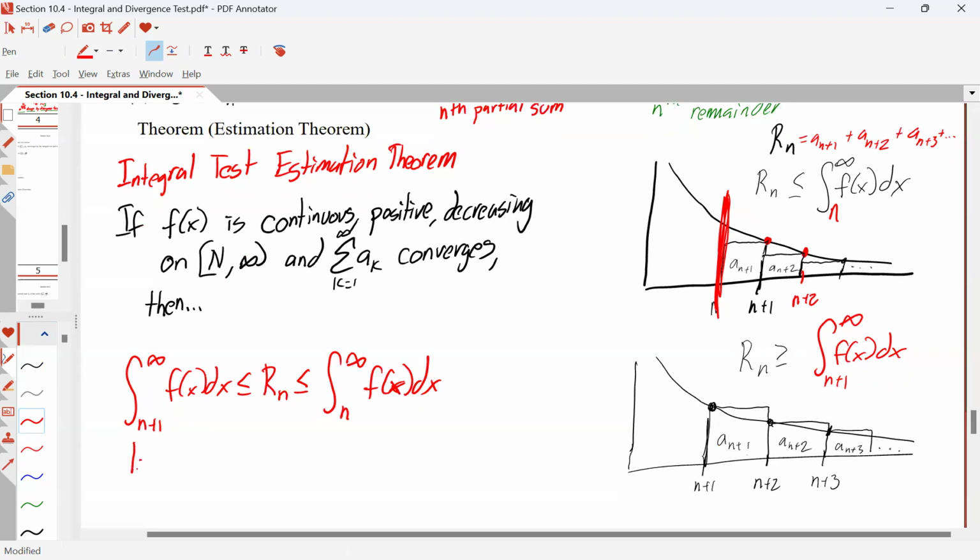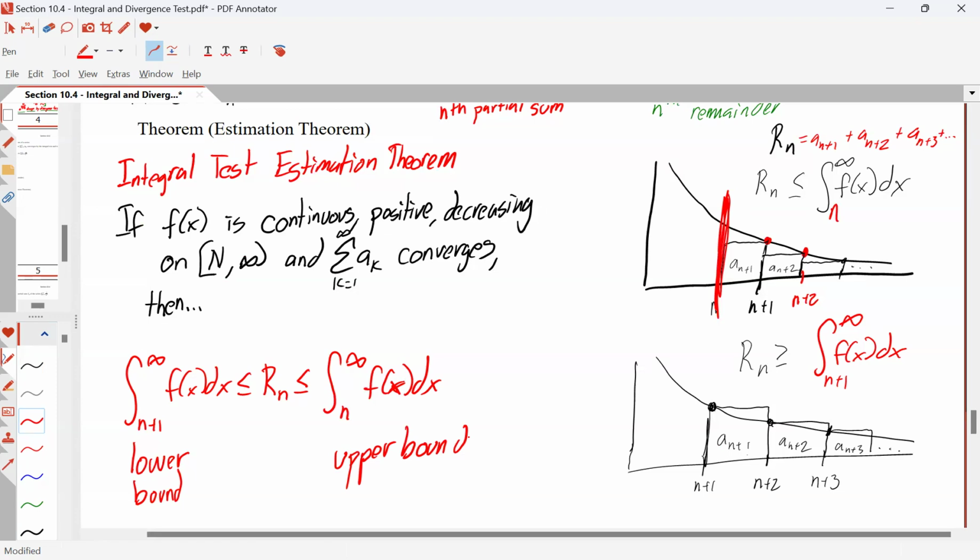And this means we have a lower bound and an upper bound. Meaning this remainder that we're wanting to be really small, we can figure out what that remainder is by putting it between these two integrals.